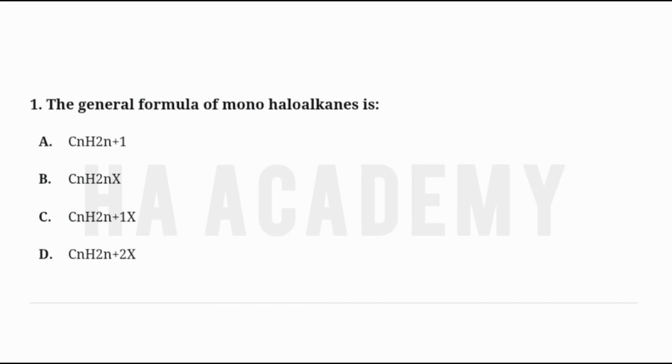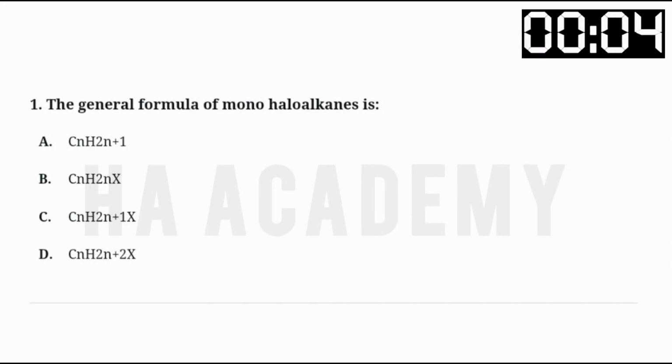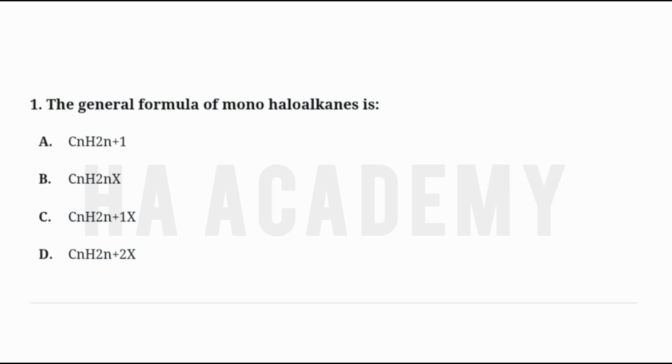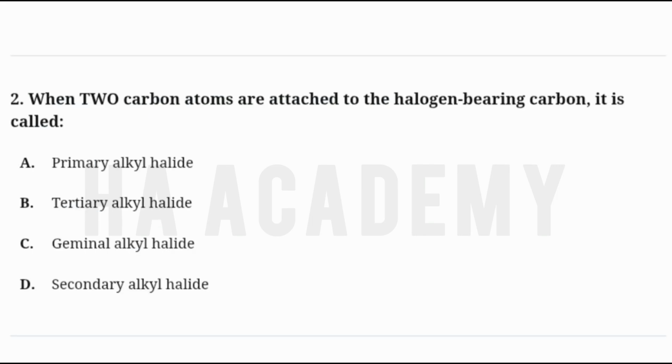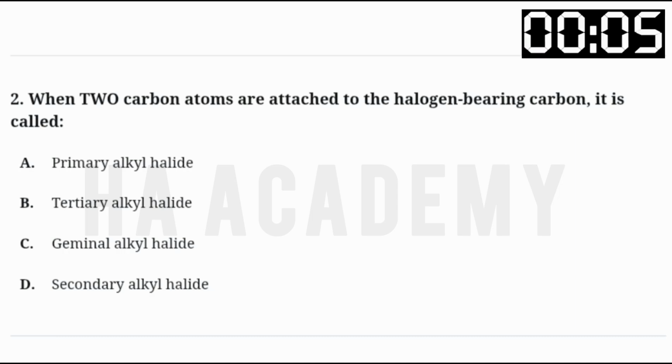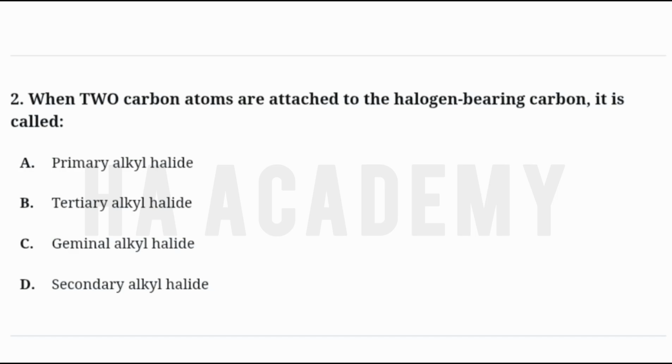The general formula of monohaloalkanes is... so the correct option is CnH2n+1X. When two carbon atoms are attached to the halogen bearing carbon, it is called... The correct answer is secondary alkyl halides.